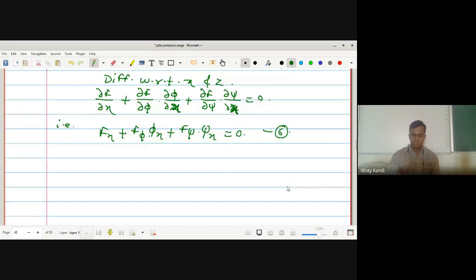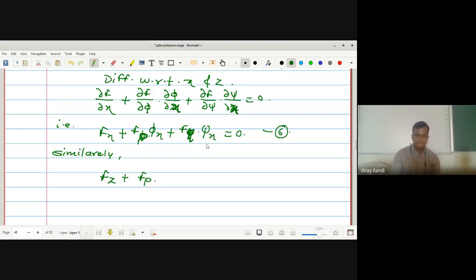Now similarly, differentiating with respect to z, we get fz plus f phi. Phi is nothing but p, so instead of phi we can write p directly, and q is nothing but psi.